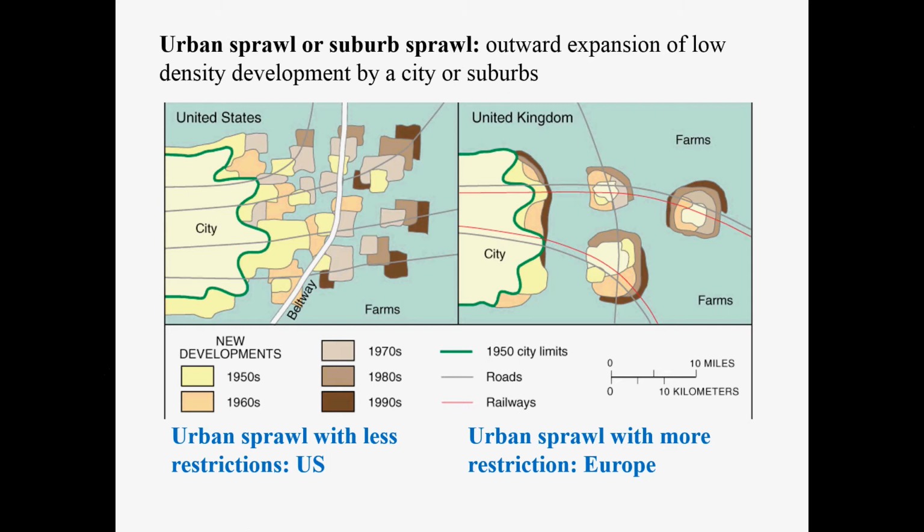That is what caused this kind of continuous urban sprawl or suburban sprawl, and you can see that the city began to spread out into increasingly larger areas, and with urban area expansion we also see that many small cities and suburban cities emerge at the edge, and this map shows a contrast between the UK and the US. UK seems to have more regulations on urban expansion than in the US.